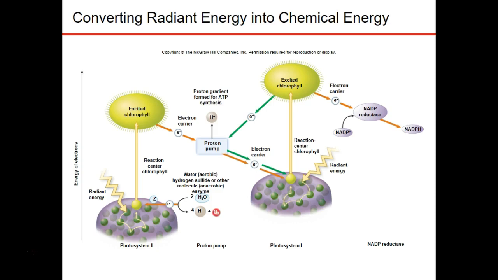Cyclic photophosphorylation allows us to use the same electrons over and over, and as they get excited, they jump into an electron transport chain, producing more energy through the movement of hydrogen through the ATP synthase protein. But there is no reducing power, no NADPH produced.